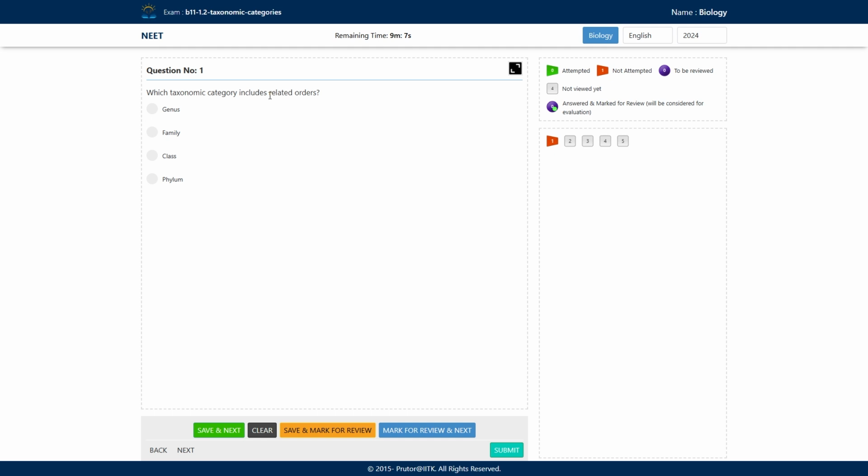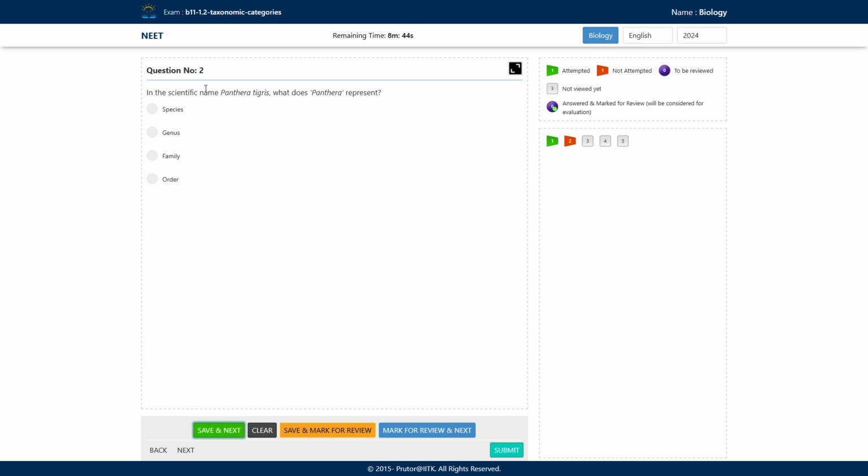The category which includes related orders, the category which is the aggregation of the orders. So the answer should be option C. It is the class. So class includes related orders.